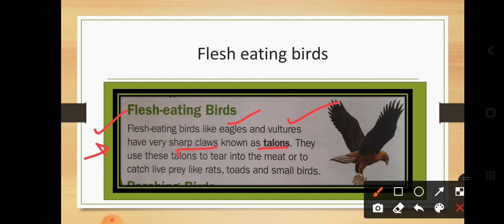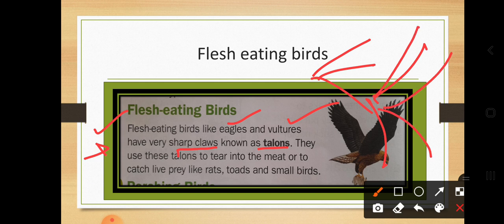Talons are used to tear the meat. As they have very sharp claws, they tear the animals. With the help of such claws, they catch rats, toads, and small birds for eating them.